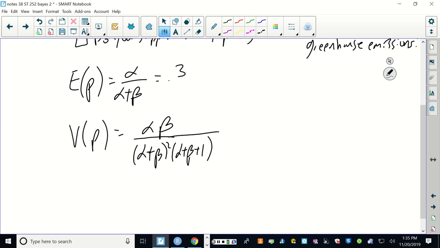It looks complicated, but there's an alpha over alpha plus beta here, which is 0.3 according to this. And there's a beta over alpha plus beta, that's 1 minus the other one, so there's a 0.7 here. It's a p times 1 minus p type of thing going on. And then alpha plus beta plus 1 down there, right? That simplifies it a little bit.